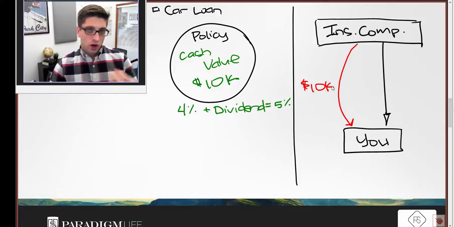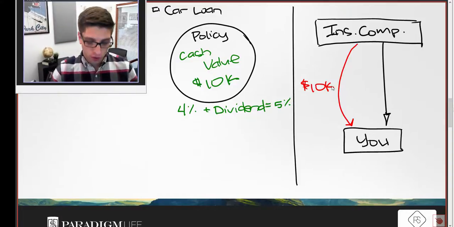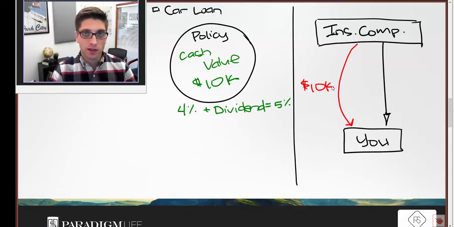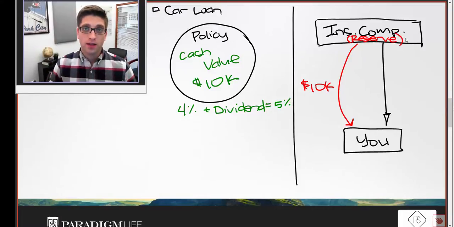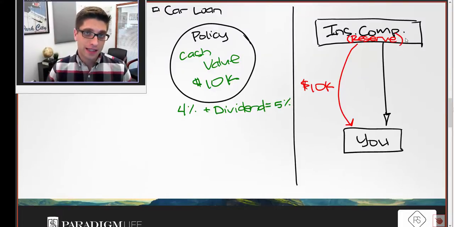We started to talk about this in part 2 of the video, but one important thing to remember with these policies is when you borrow against your insurance policy, the money doesn't come from your cash value. It comes from the reserve account at the insurance company. They're allowing you to utilize their cash, and then they're going to hold your policy as collateral.